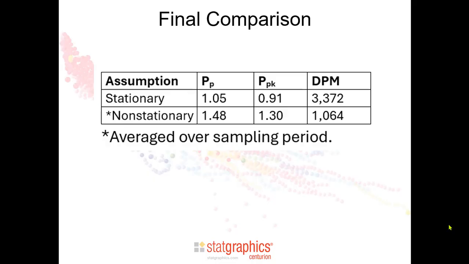In the case of the non-stationary approach, I'm showing the average values throughout the sampling period. You'll notice that the averages obtained through the non-stationary analysis are quite a bit better than those numbers you get assuming a single normal distribution.